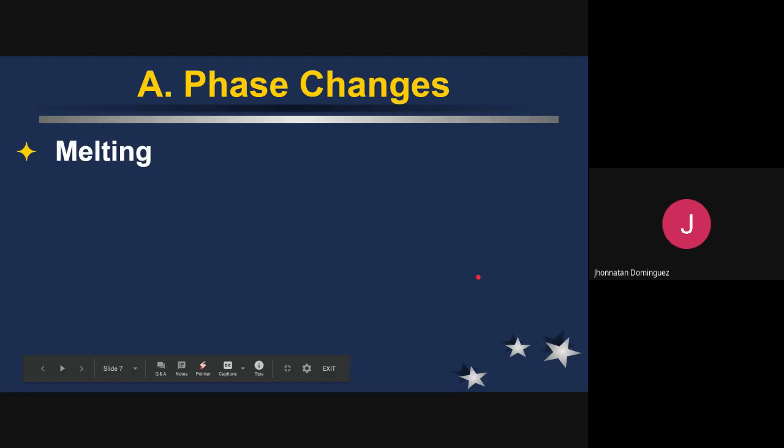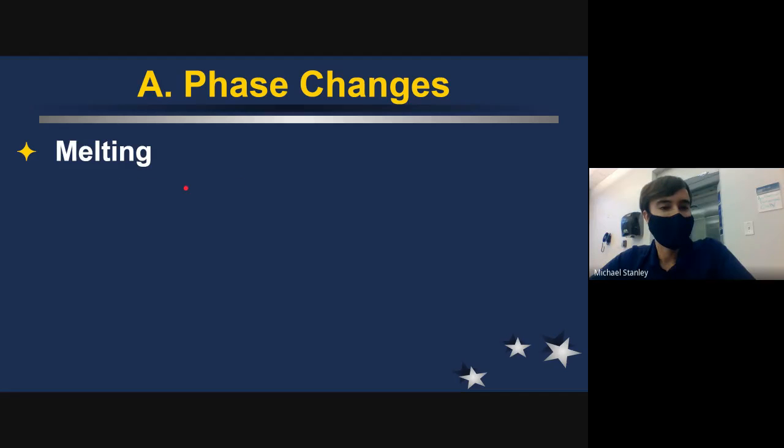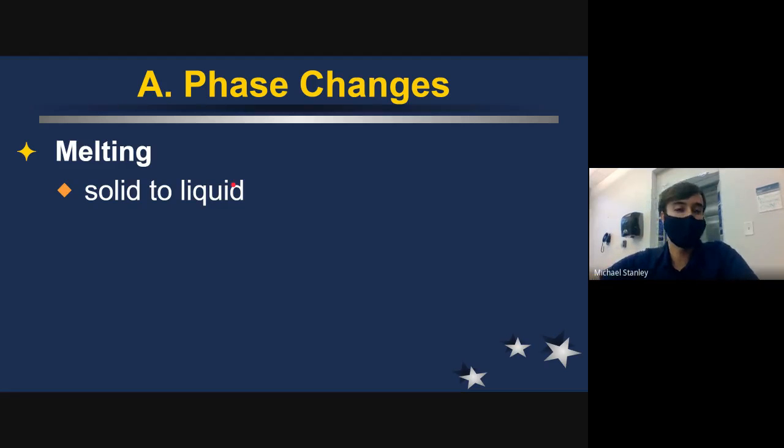Solid to liquid's melting. Solid to gas is evaporation, or liquid to anything to gas is evaporation. From gas to liquid is condensation. And the temperature drops. Good job. Yes, that's the answer. Awesome. So yes, Jonathan nailed it on its head, but just to go through a little bit slower than he did.